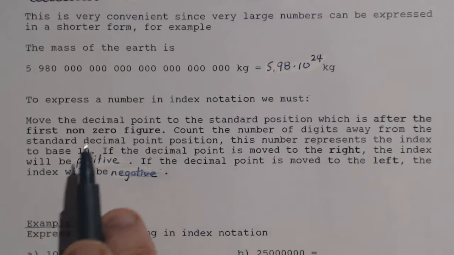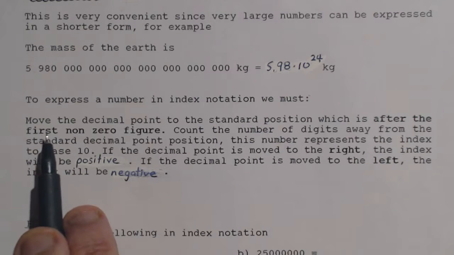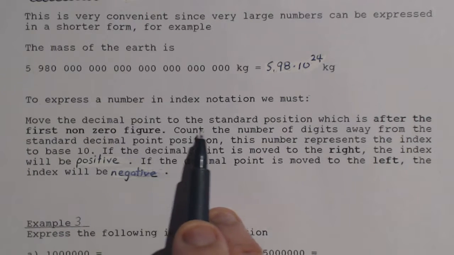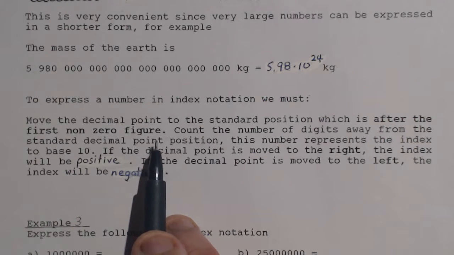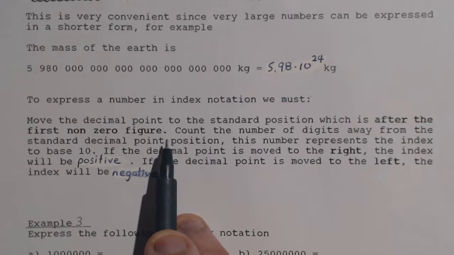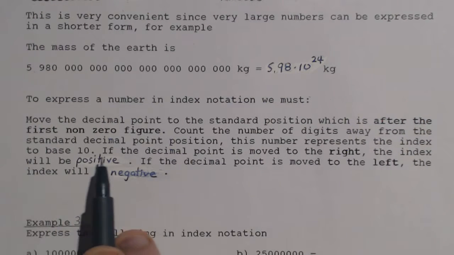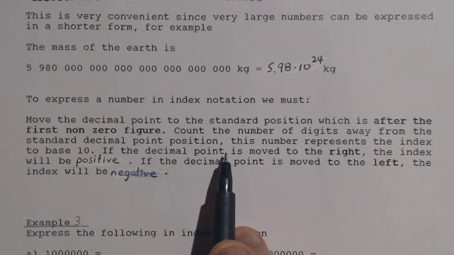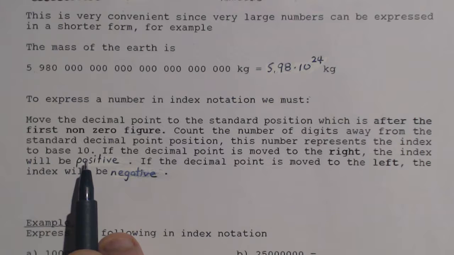Now to express a number in index notation, we must move the decimal point to the standard position, which is after the first non-zero figure. Then we count the number of digits away from the standard decimal point position. This number represents the index to base 10.